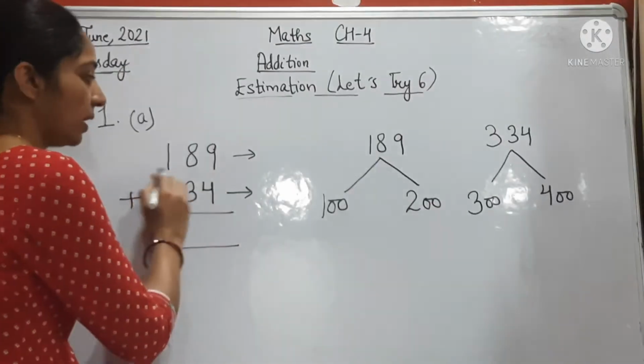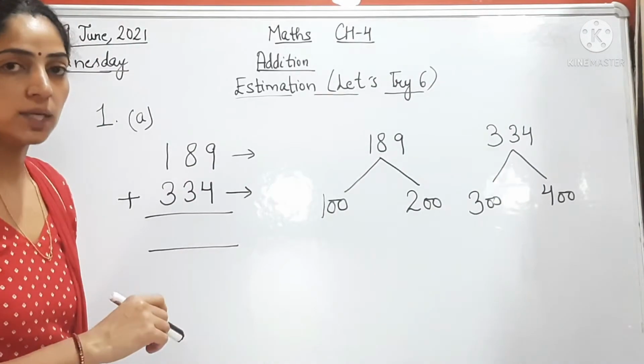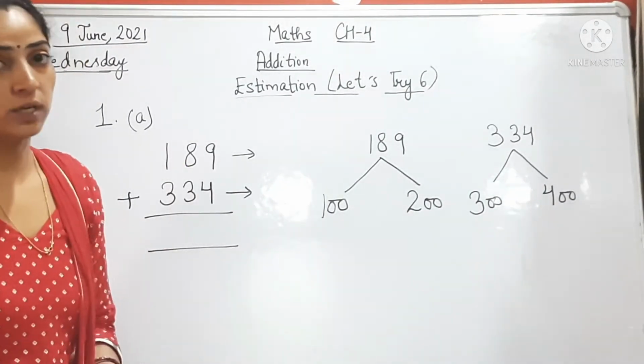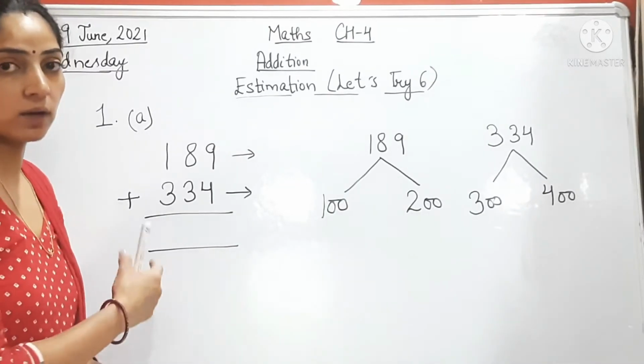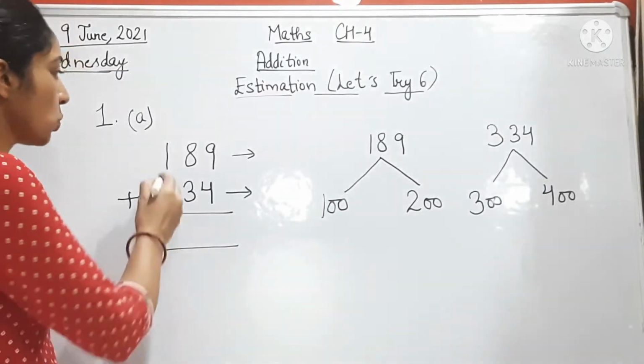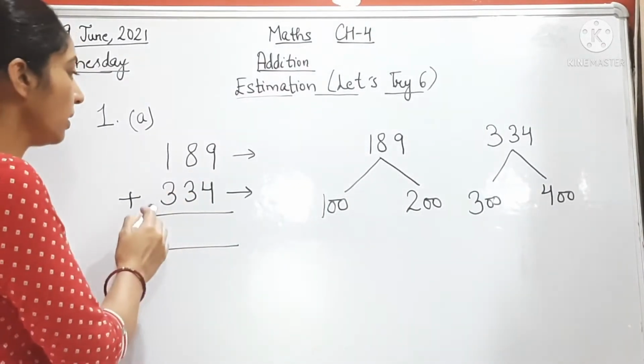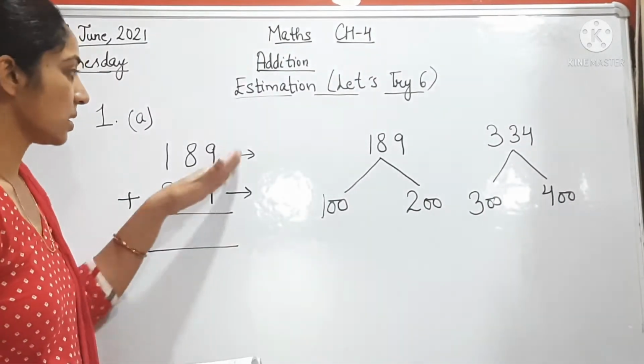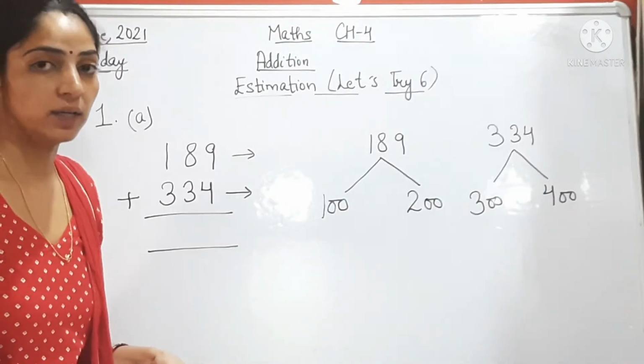What is an addend? The numbers that you are adding are called addends. So 189 is an addend and 334 is an addend.